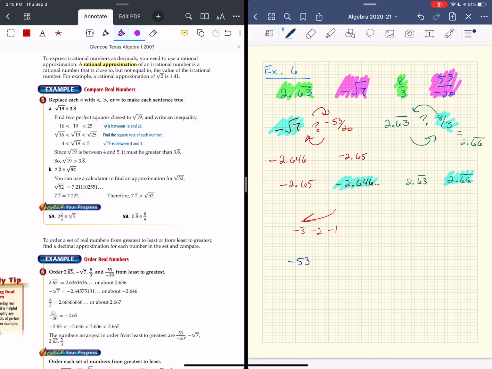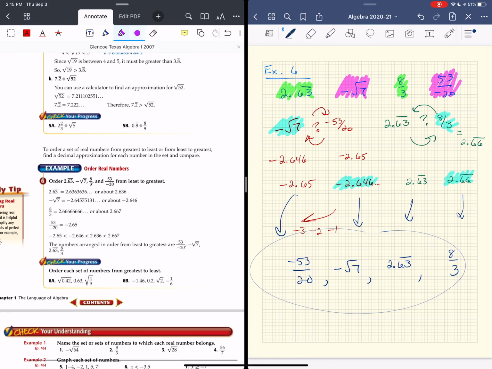Negative 53 over 20, that's what the 2.65 was, that's where it came from. Negative root 7, that's where that one came from. 2.63 repeating, of course, has been the same from the very beginning. And then this was the 8/3. And so that is the proper order from least to greatest.